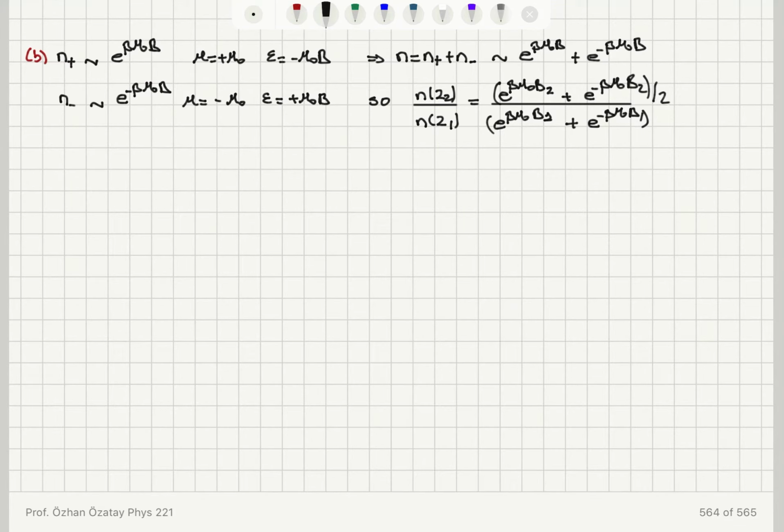So if I divide the top and bottom by 2, this can simply be written as cosh of beta μ0 b2 divided by cosh of beta μ0 b1. So this would be our answer for the ratio of total magnetic moments at z2 to z1.